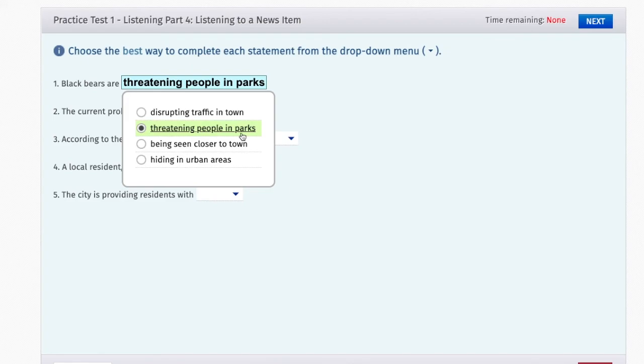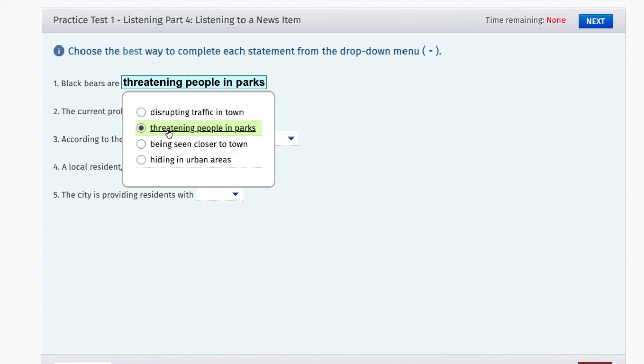vocabulary association. Was it threatening people in parks? Was it disrupting traffic in town? I can assume, for example, that the black bears are threatening to people. Yes, for sure. But I don't remember them saying that the bears were threatening people in parks.